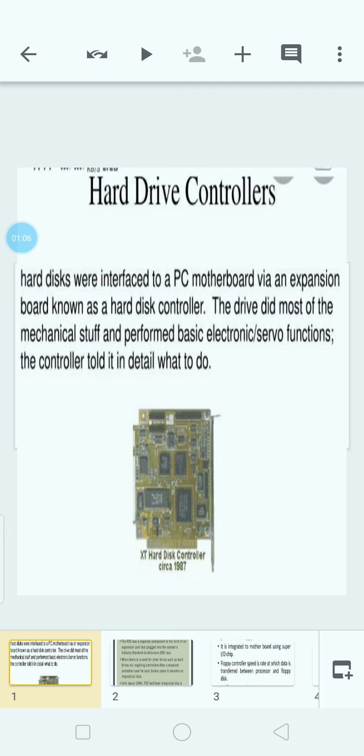The instructions from a computer flow through the hard disk adapter into the hard disk interface and then onto the HDC, which sends commands to the hard disk for performing the particular operation.